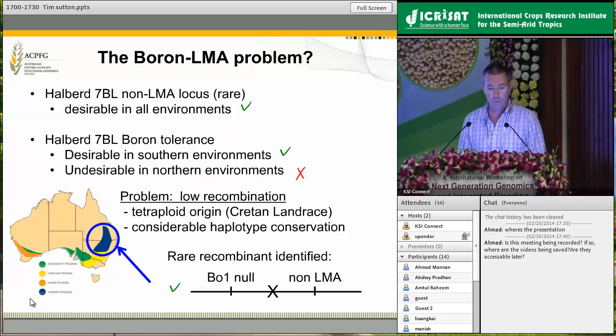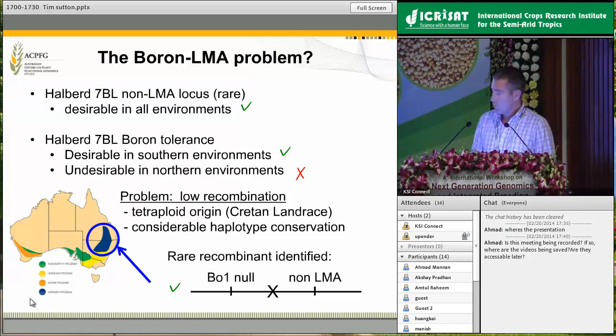So what's happening is that breeders that are looking for the source of non-LMA from this rare source in Halberd are also getting the tolerance locus for boron in Halberd. And we think that a suppression of recombination through this region because of the tetraploid source of this locus may be one of the barriers to effective breeding and separation of these two traits in wheat breeding.